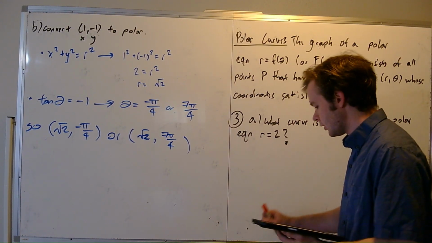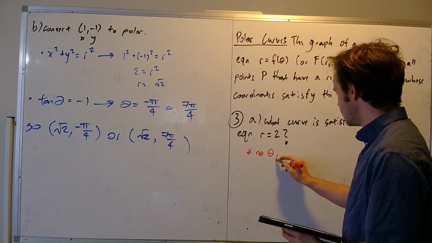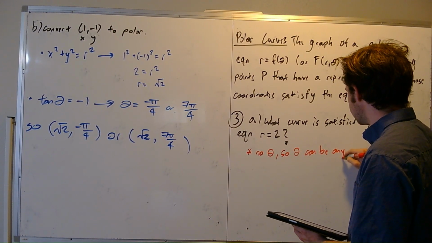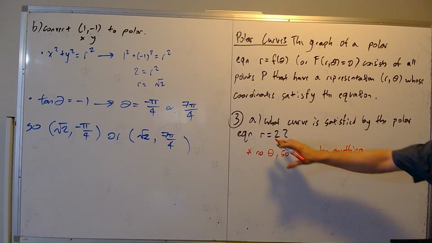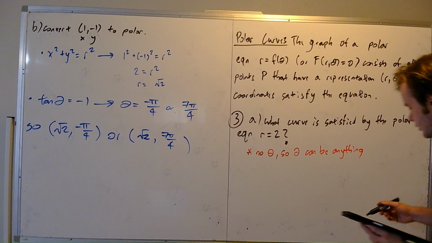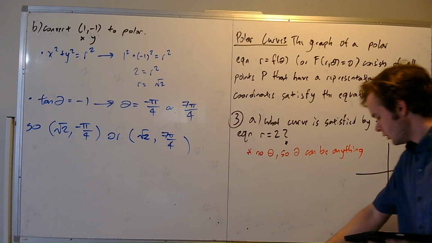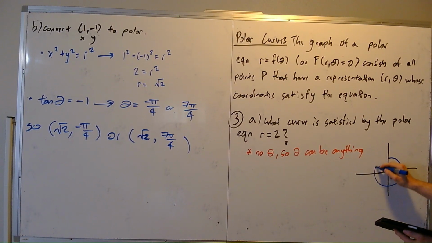And the thing to notice about this equation is that we have no theta. So theta can be anything, because they didn't say that r relates to theta in any way, they just said that r equals 2. So if you go ahead and plot all of the points that are at a radius 2, we said the angle doesn't matter, just all of the points that are a radius 2 away from the origin, you're going to get a circle. So our answer is going to be a circle.